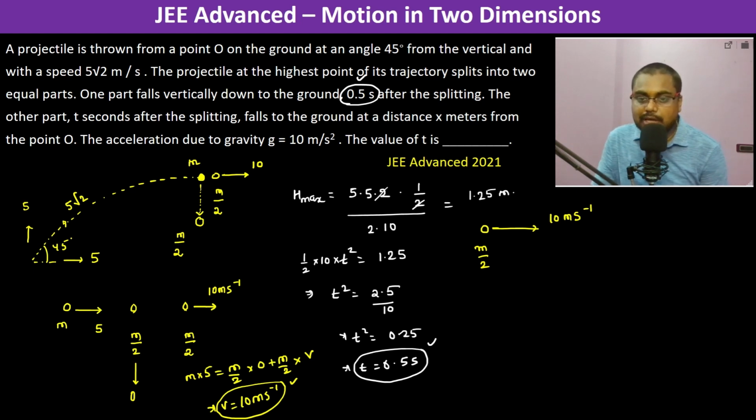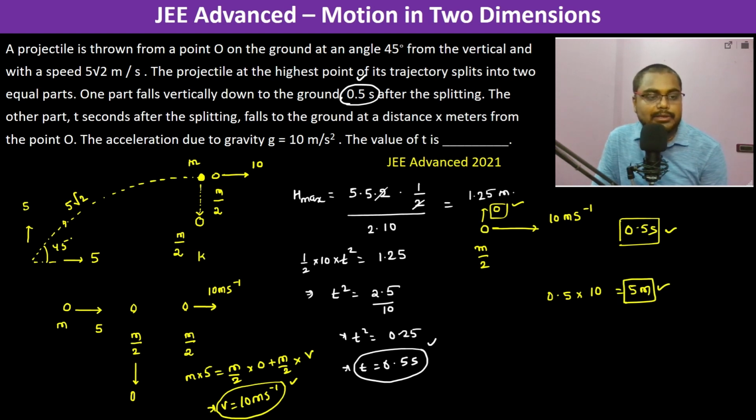So its velocity in this direction is 0 only, right? Okay. So this will also take how much? 0.5 seconds only to fall. And how much distance will it travel? So it will travel 0.5 into 10, which is 5 meters. It's going to travel from here.